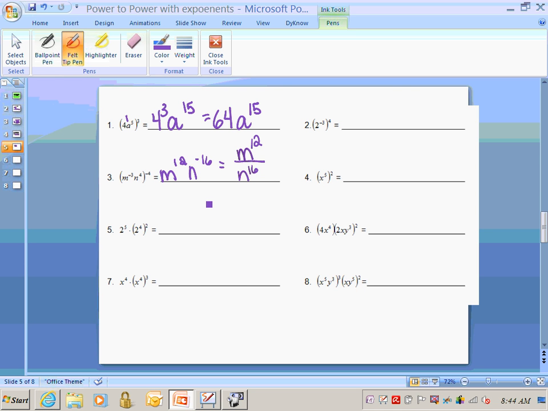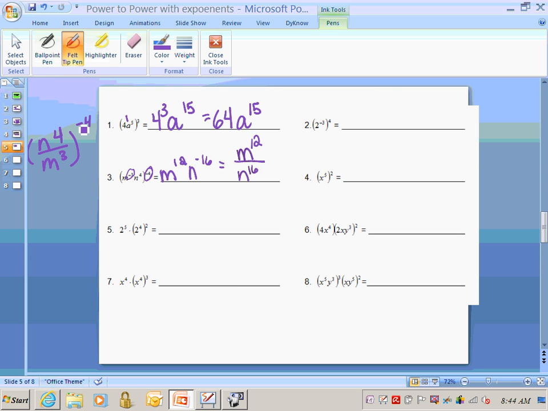The other way we could do this problem is if we have a negative exponent out here, and we have a negative exponent in here. There's actually 3 ways. One way, if you wanted to start from the inside of the parentheses, fix that first, it would be a longer way. If I fix that first, I would have n to the 4th over m cubed, all to the negative 4.